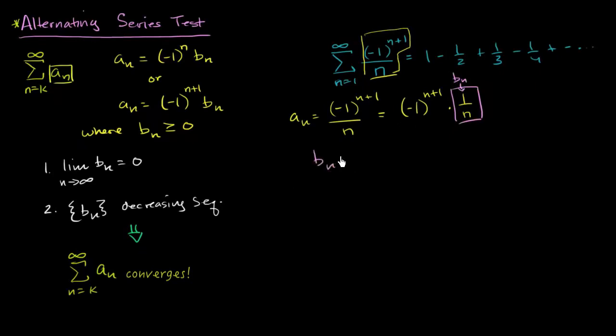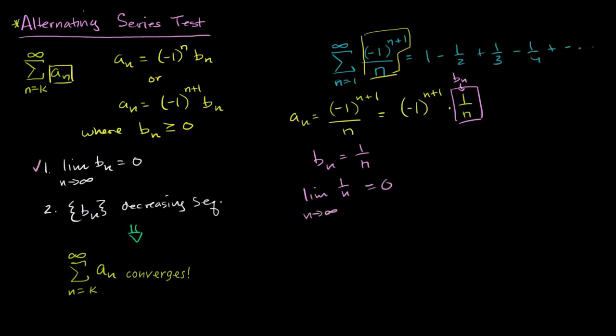So our b sub n is equal to 1 over n. Now clearly this is going to be greater than or equal to 0 for any positive n. Now what's the limit of b sub n as n approaches infinity? The limit of 1 over n as n approaches infinity is going to be equal to 0.